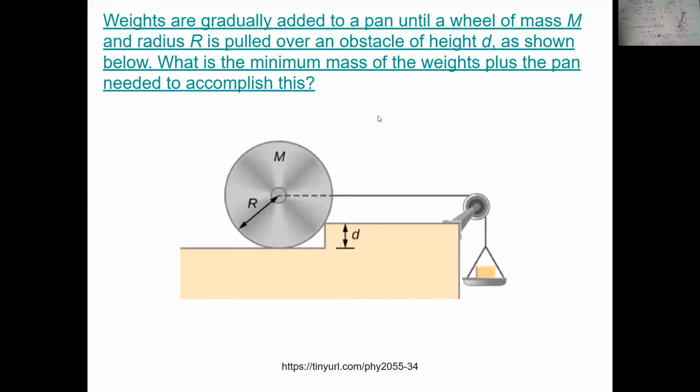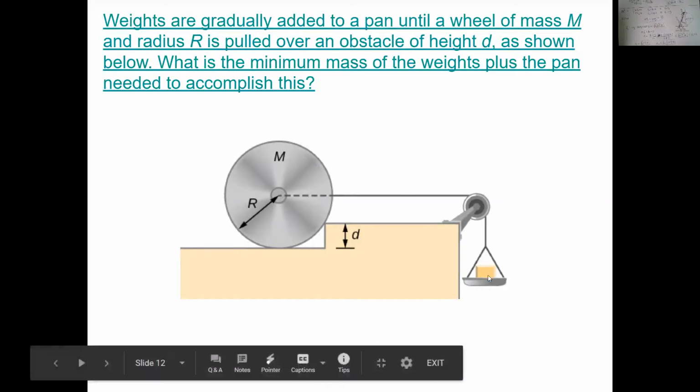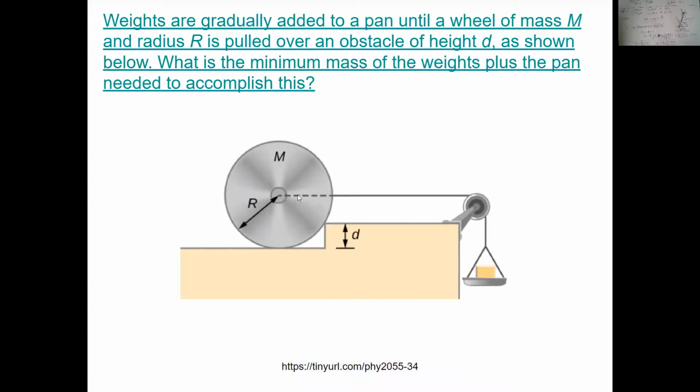Okay, so the next example has weights in a pan. You keep adding pieces of different weights gradually until the wheel of mass M is pulled over the obstacle of height d, as shown in the figure.